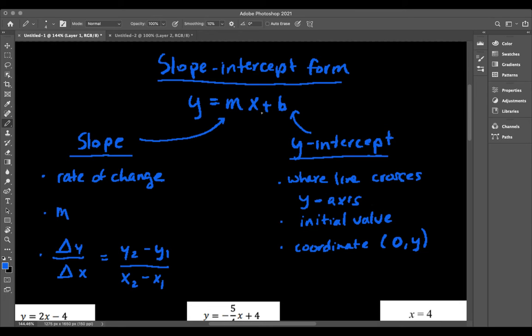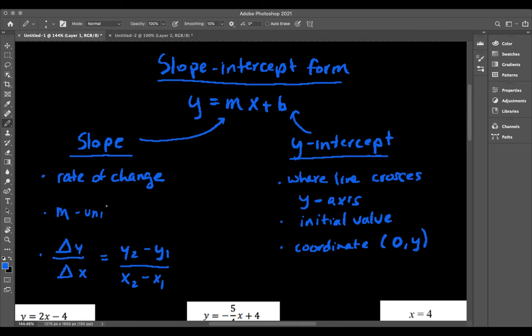Now, slope-intercept form, you guys should all probably know by now, is y = mx + b. This is the most general linear equation to make a graph. The slope is this little m right here. And what do we know about slope? Slope can also be called the rate of change, or the unit rate.